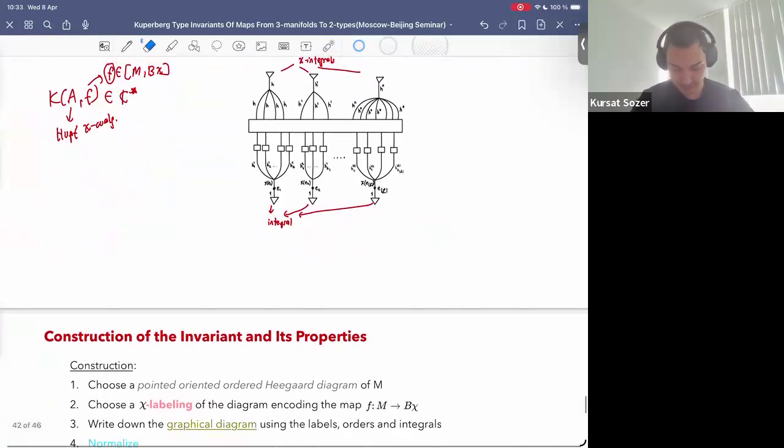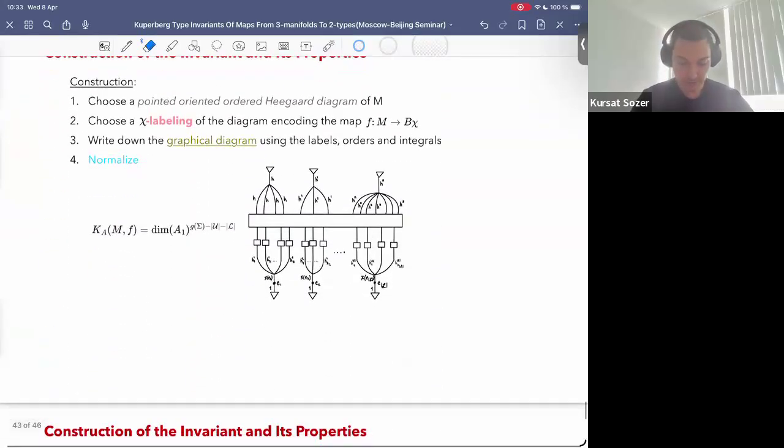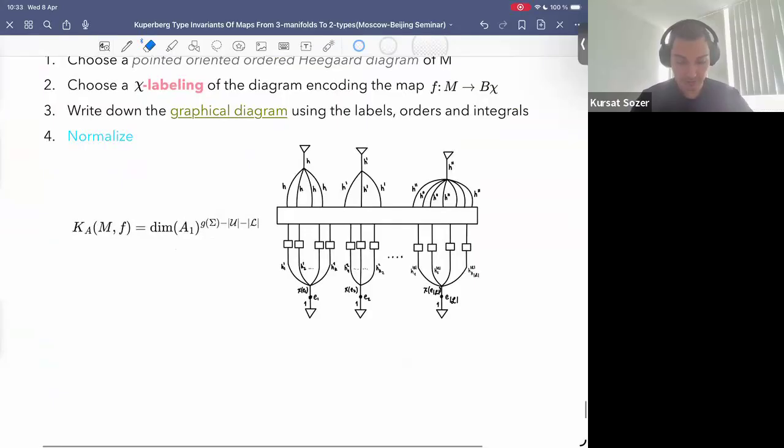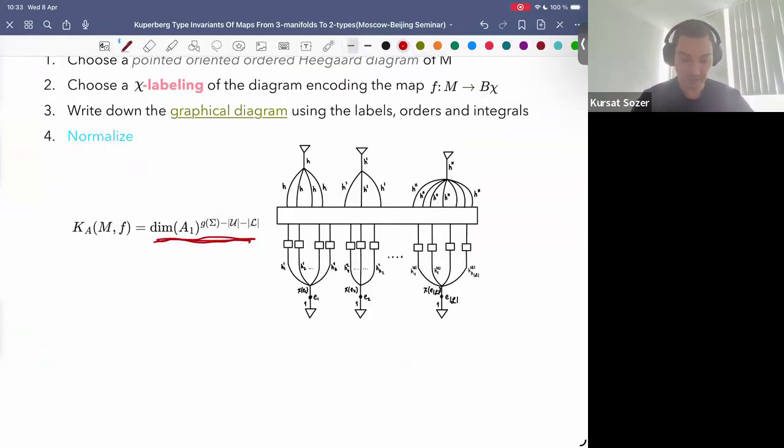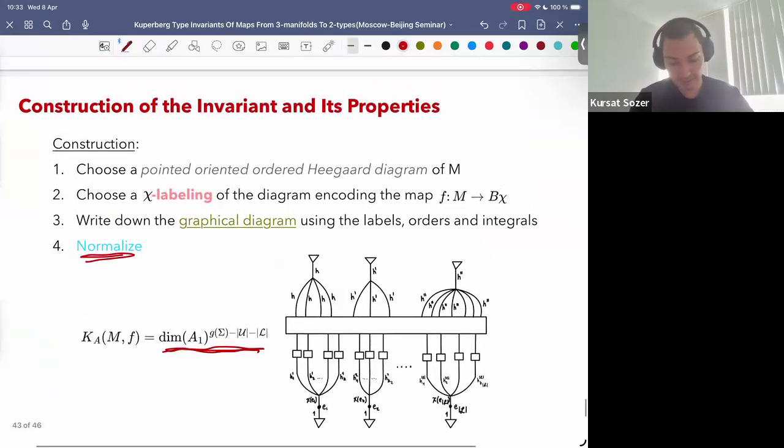Well, in fact, these are elements. It's immediately a number, and we normalize this number with this normalization factor. Okay, that's the last step. And the claim is this is invariant of the choice of Heegaard diagram, the choice of chi labeling of this representative of F, and plus, what else?